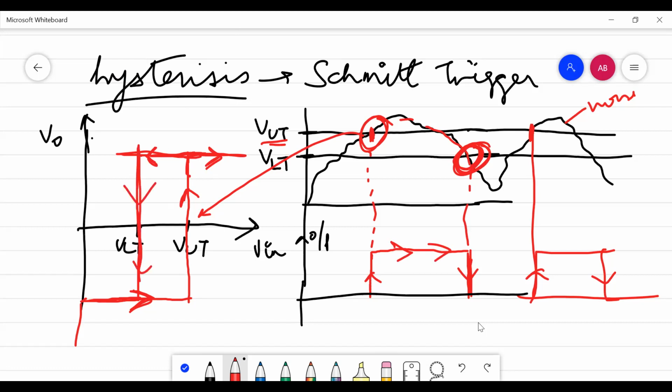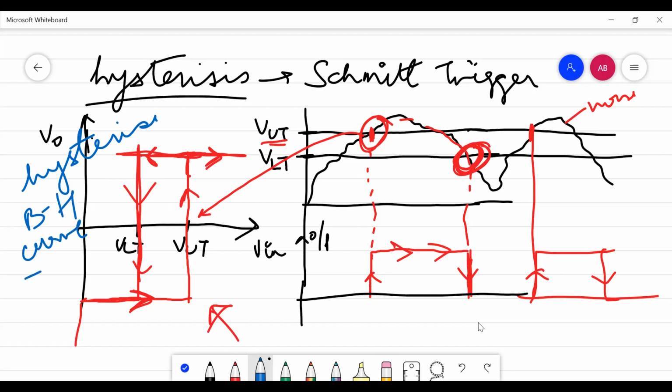And if you check out the curve, you are going to find that it is the same as is defined for hysteresis in the BH curve. It is just similar to the BH curve. That is why this is also called the hysteresis curve or the transfer characteristics between input voltage and output voltage. So all these things define the parameters of your operational amplifier. Hopefully you have understood it. In the next lecture we are going to go for analog instruments, the new chapter that we are going to start.